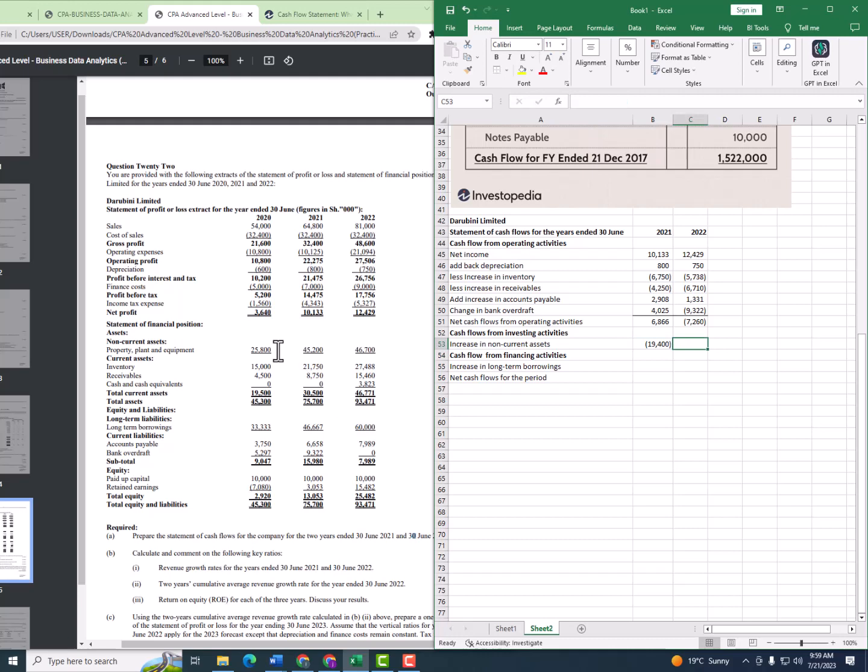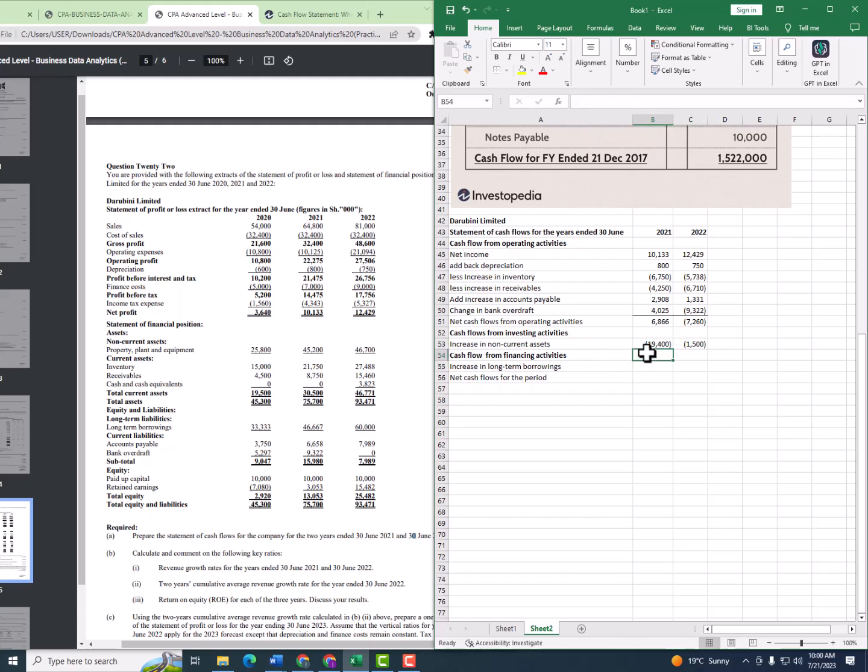For 2022, equals minus, open brackets, the figure for 2022 was 46700 minus 45200, close brackets, hit enter.